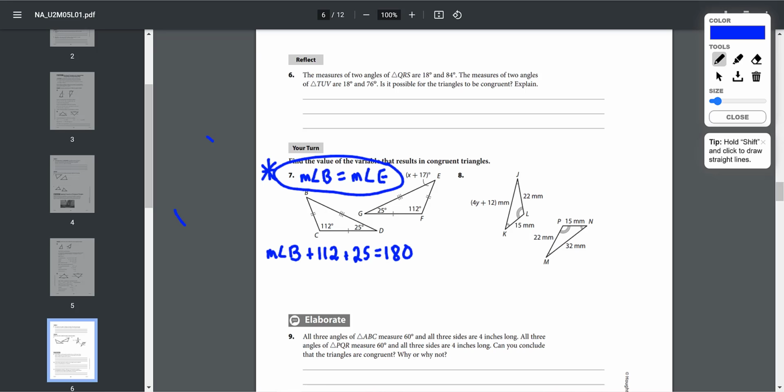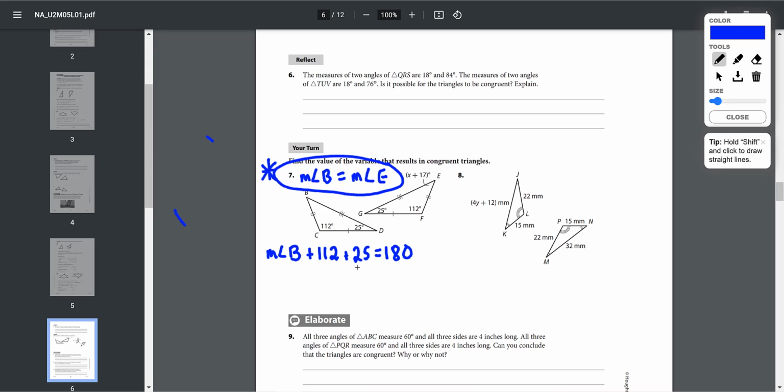So we know in this problem the measure of angle B is equal to the measure of angle E, because that's the way the triangles are set up. Before we can solve for x, we need to figure out what the measure of angle B is. So we're going to use the triangle sum theorem.